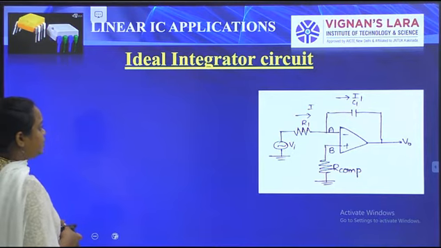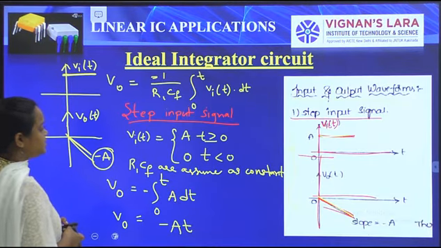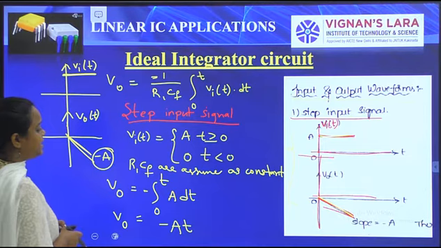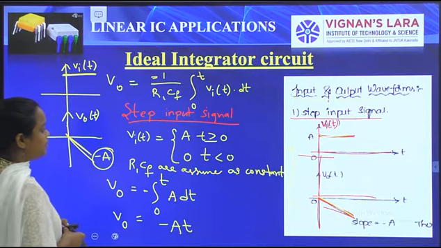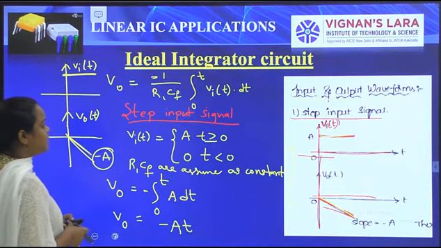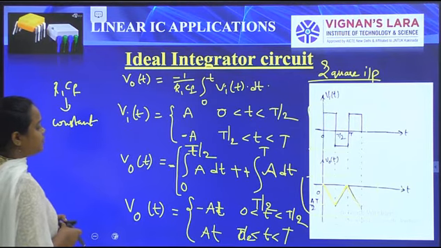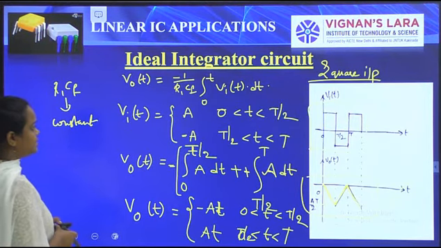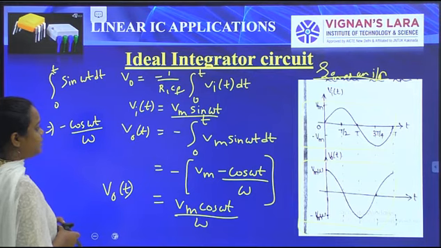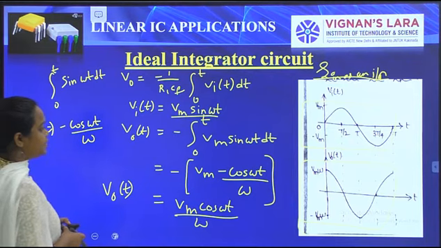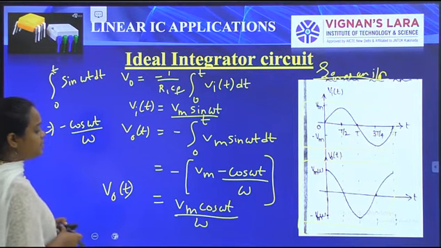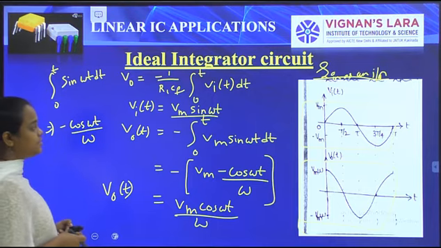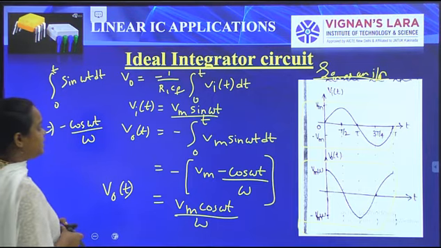When we are using the step signal, the output is a minus slope waveform. When we are using the square input, the output is a triangular wave, and when we are using the sinusoidal wave as an input, the output is in the form of a cosine term. So it is an ideal integrator.